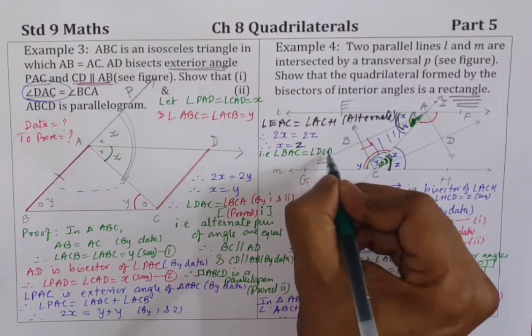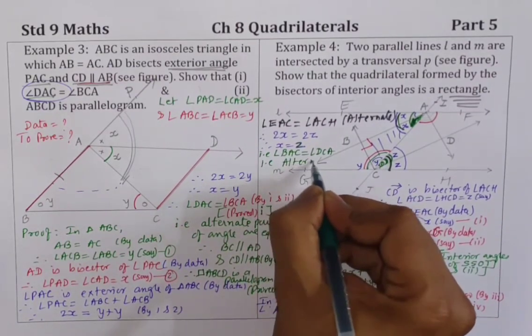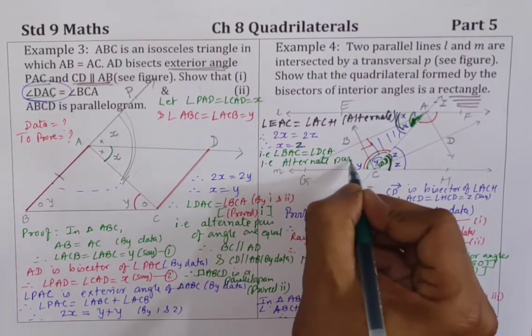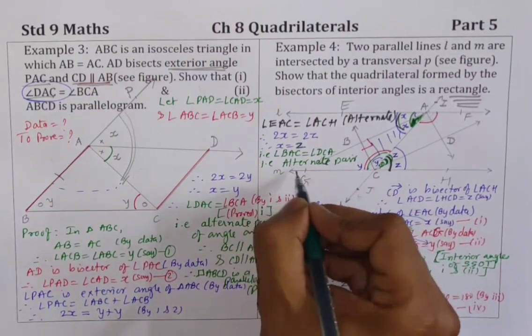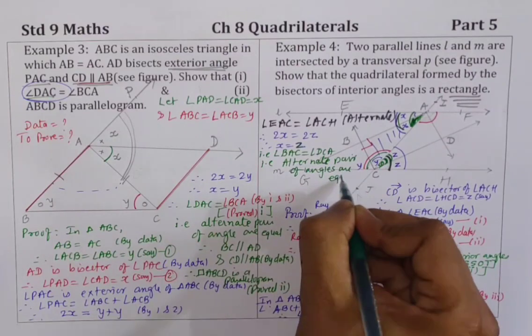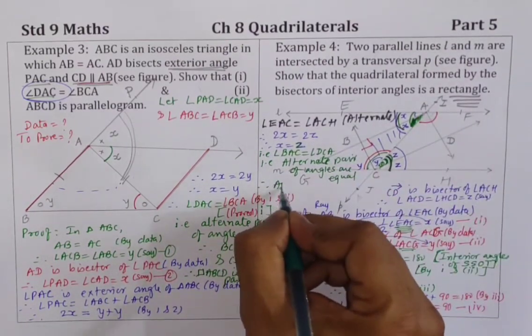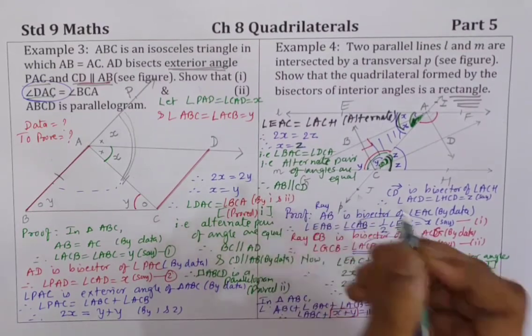Angle DCA. i.e. alternate pair of angles are equal. Therefore, AB is parallel to CD. AB is parallel to CD.